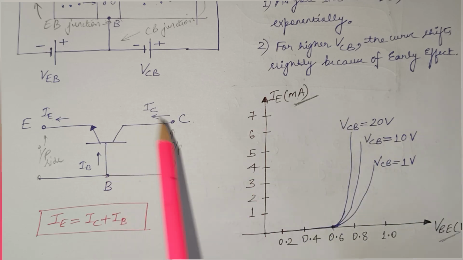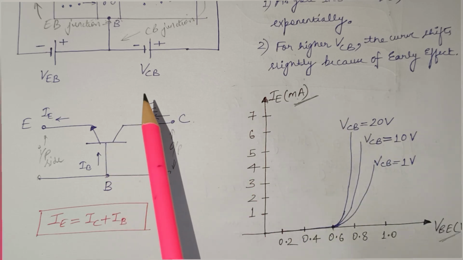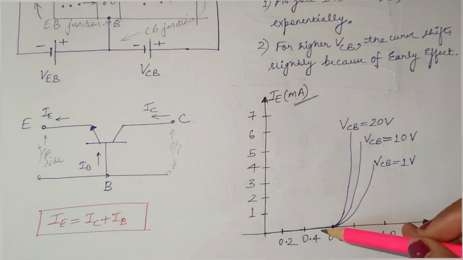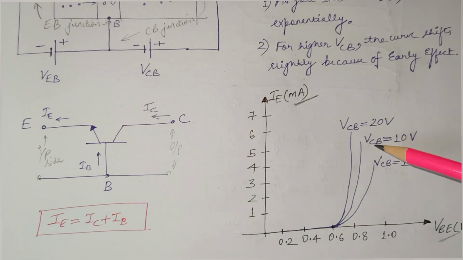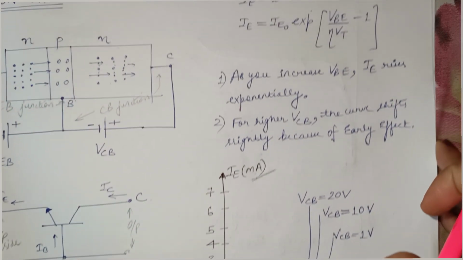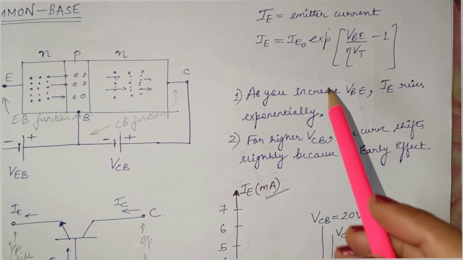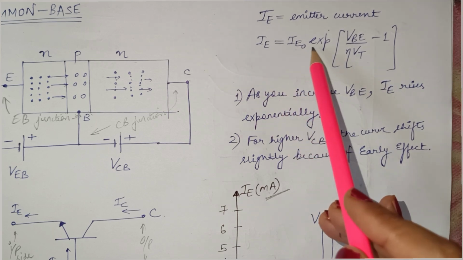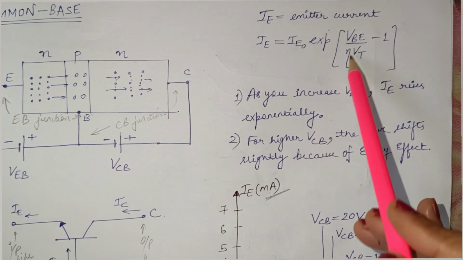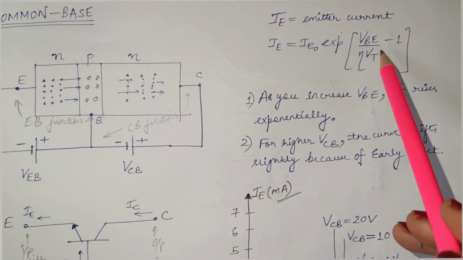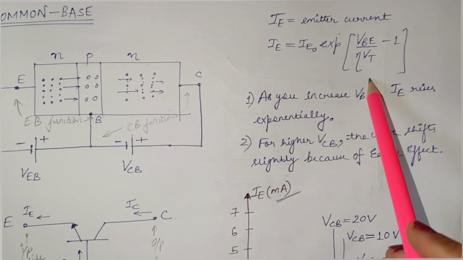For this I am now using an NPN transistor, and you can see that the curves resemble diode characteristic. Why? Because the emitter current is actually equal to IE naught exponential of VBE upon eta VT minus 1, which we already know is a diode current.